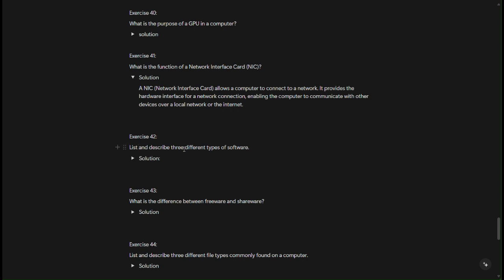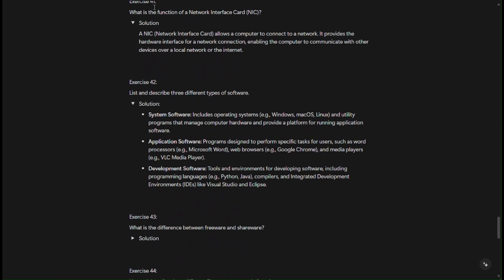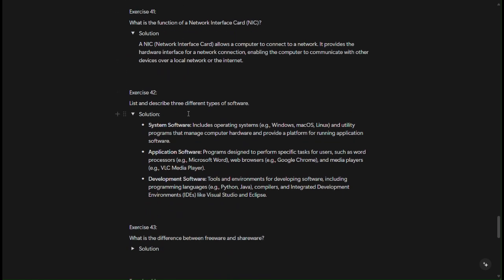Now list and describe three different types of software. We have system software, which includes operating systems like Windows, Linux, and macOS, and utility programs that manage computer hardware and provide a platform for running application software.